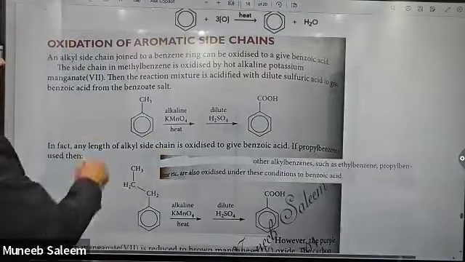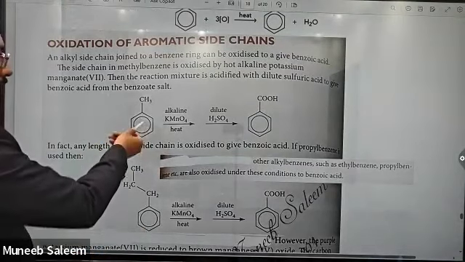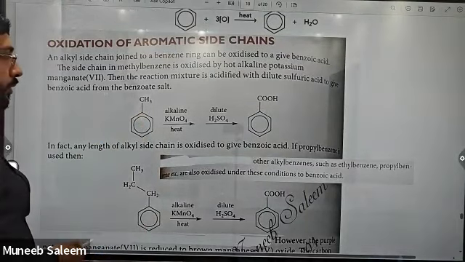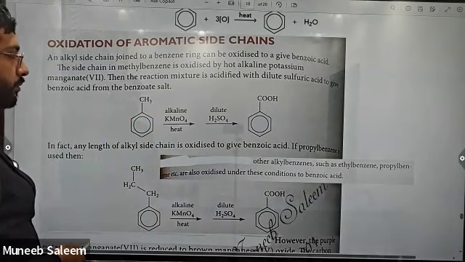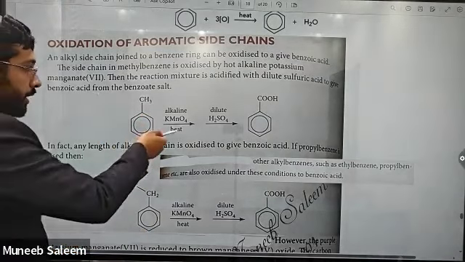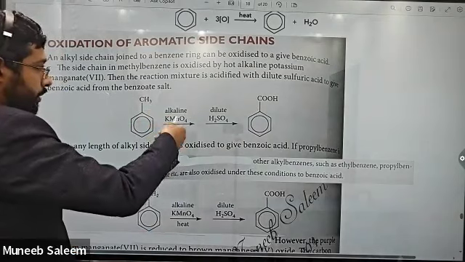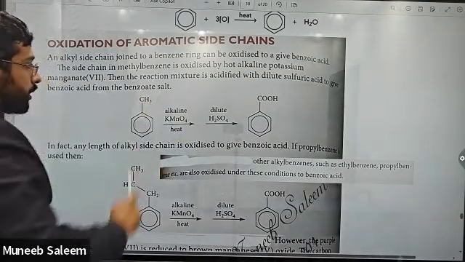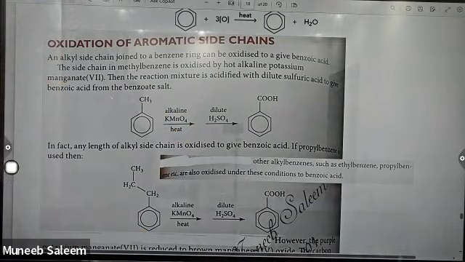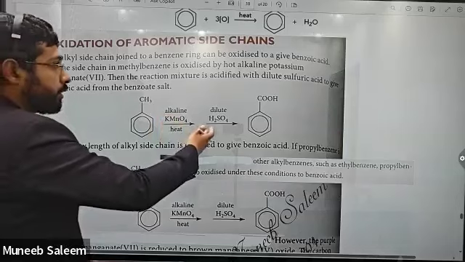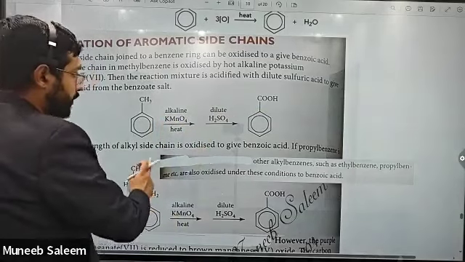So here, again, we are using alkaline KMnO4 as a medium, and it reacts with the alkyl chain. Then we have the salt of the compound produced during the intermediate stage, and then when it reacts with the acid, it converts into benzoic acid.